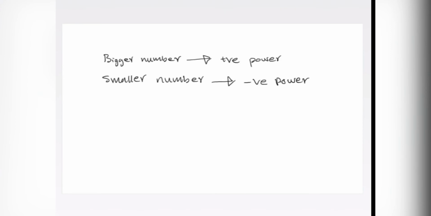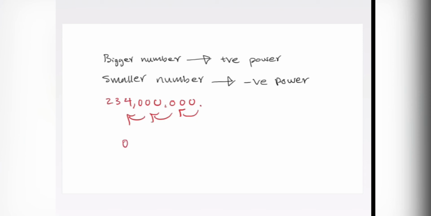Okay, or I can give some example here. If you were here, you would have given me an example. Since you're not here, I'm going to write my own example. This is a bigger number, so when I'm changing into scientific form, my power is positive because my decimal point is going to move left hand side.